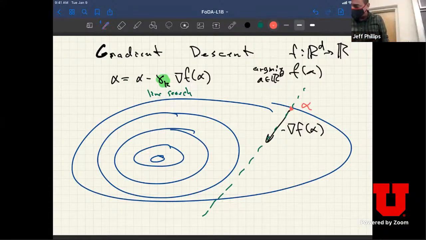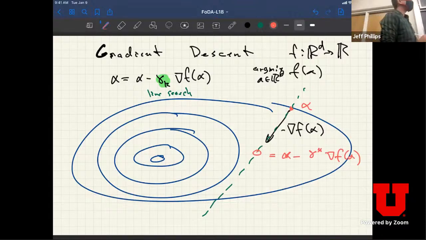There's going to be some sort of optimal, alpha minus gamma star, and that's the one that minimizes this cost, right? If I can do this every step, then I should be able to do as well as possible in the least number of steps, although this might be expensive.